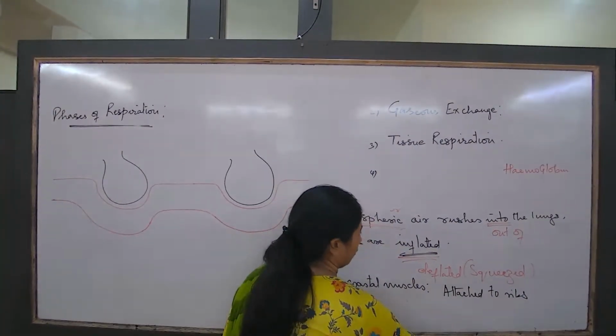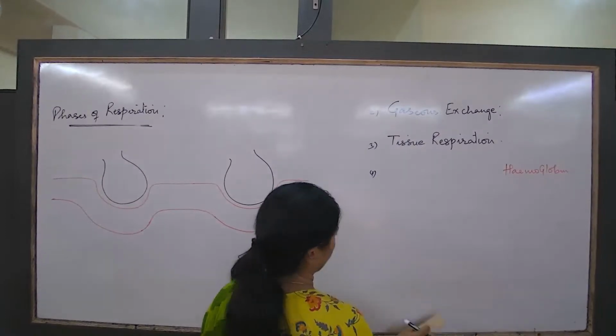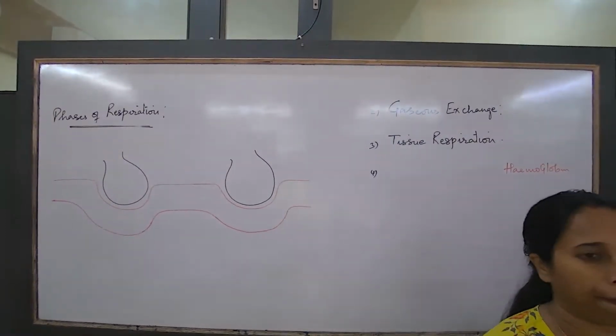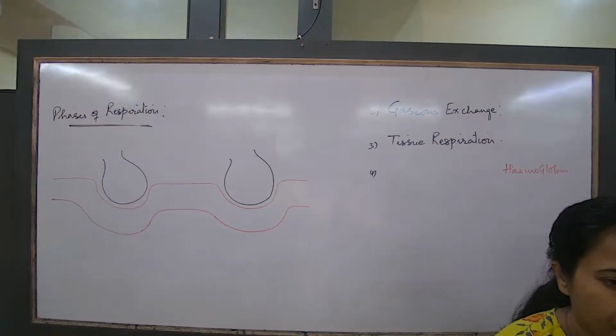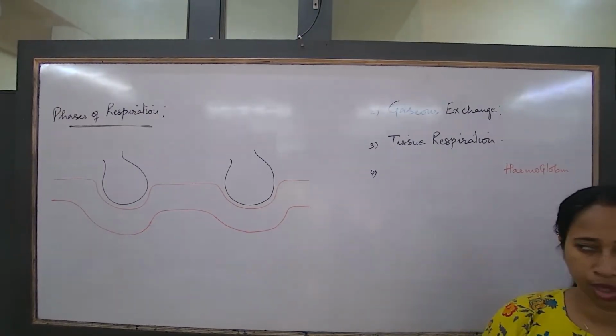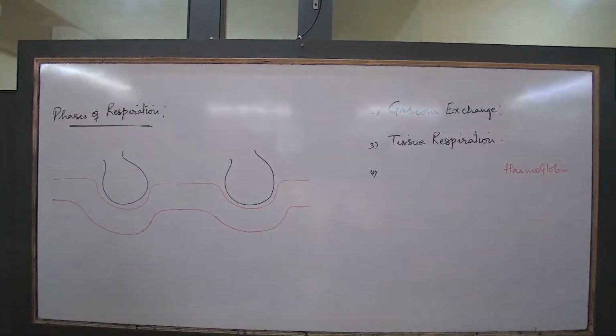Tissue respiration: the diffusion of oxygen from blood to the tissues, and carbon dioxide from tissues to the blood is known as tissue respiration.